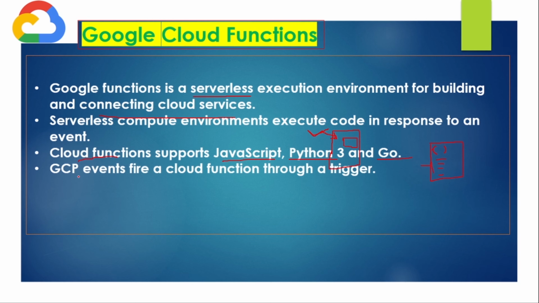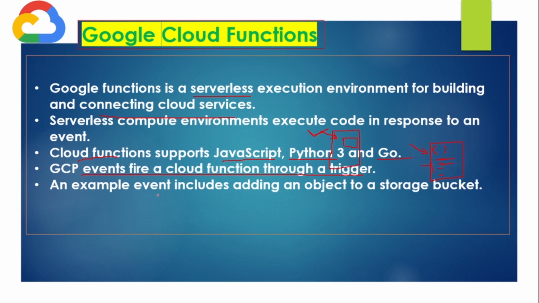The GCP events fire a Cloud Function through a trigger. As I mentioned earlier, you have deployed your code on Cloud Functions, and it will only run the function when an event is generated. For example, an event includes adding an object to a storage bucket. So you have written one piece of code that takes an image, converts it to a thumbnail, and stores it in a storage bucket.